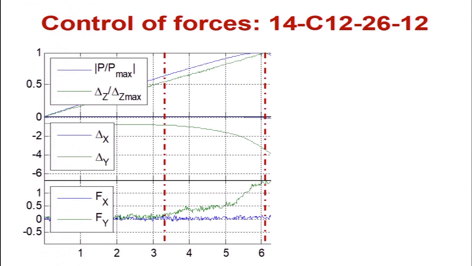In the second line here are the displacements in the x and y. So the z is the axial direction, the x and y are the lateral directions. And at the very bottom are the forces in the x and y direction.